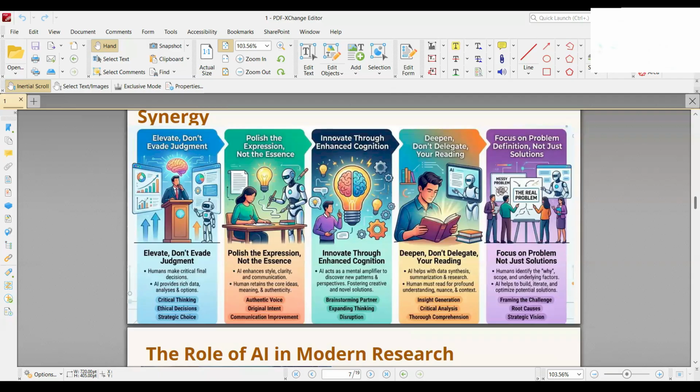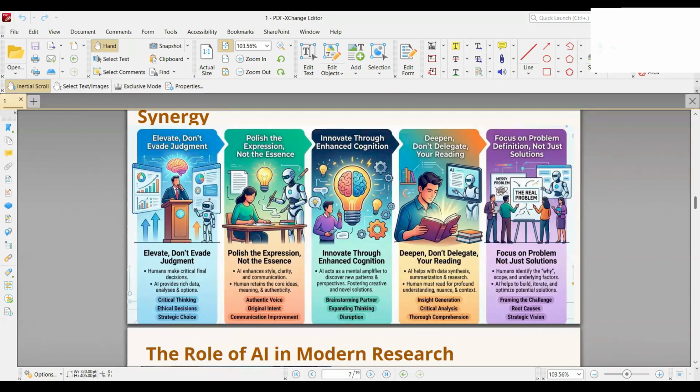So, the fifth and last pillar focuses on problem definition, not just solutions. It is easy for teams to jump straight to the first solution an AI tool generates.